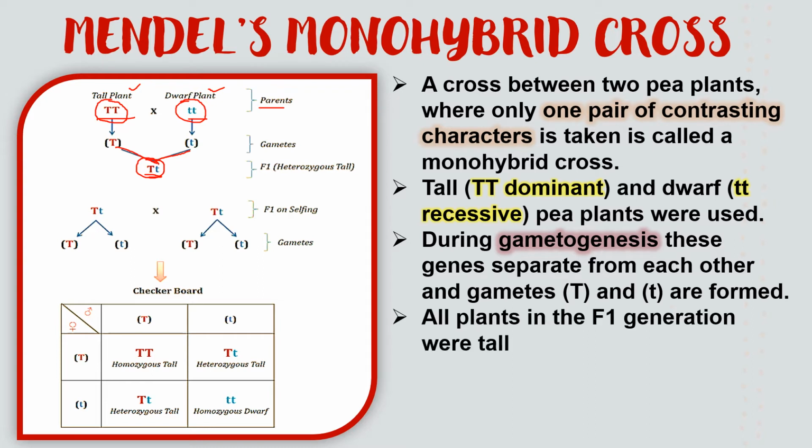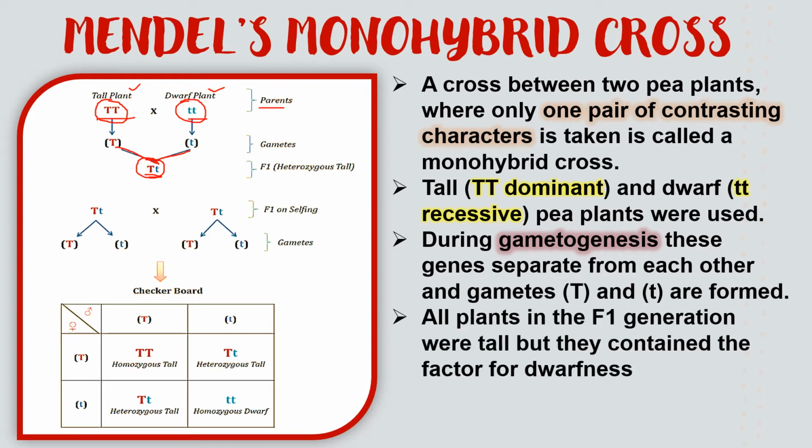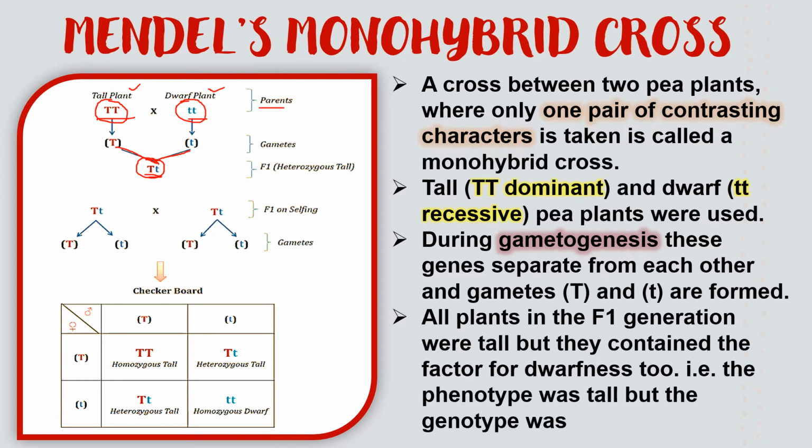All plants in the F1 generation, that is the next generation, were tall, but they contain the factor for dwarfness too. Their phenotype, how they looked, was tall, but their genotype, what they are made up of, was mixed.